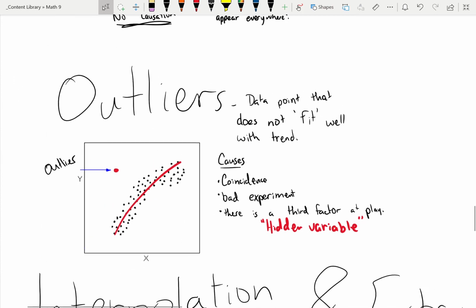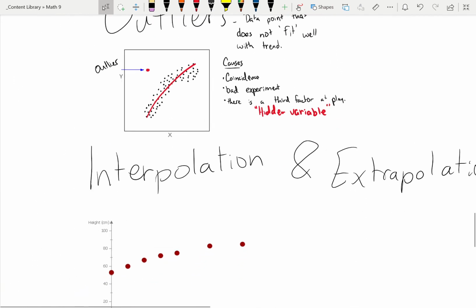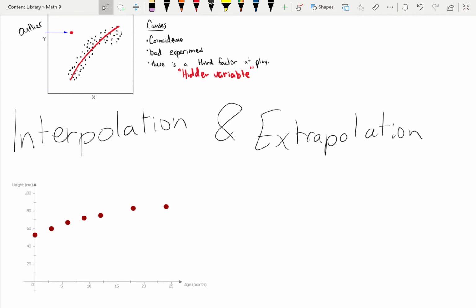All right, the very last thing I want to talk about is this idea of interpolation and extrapolation. I'll define both first.